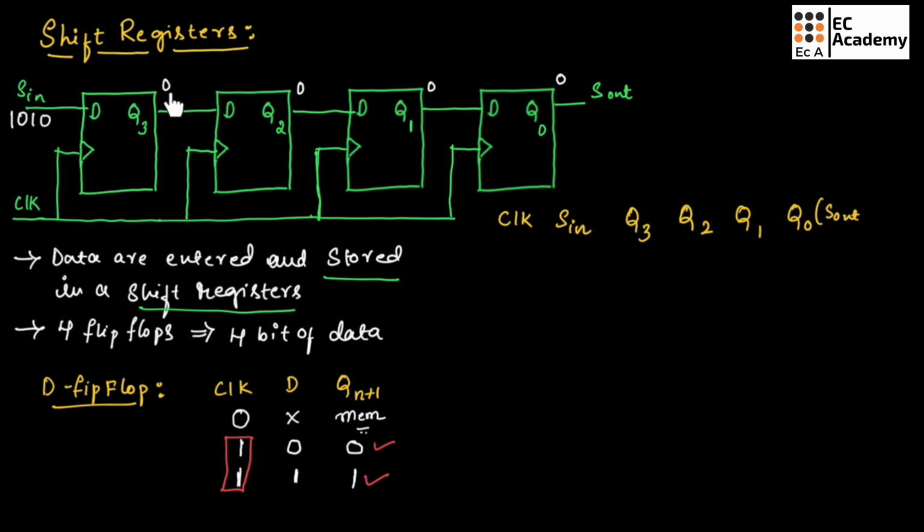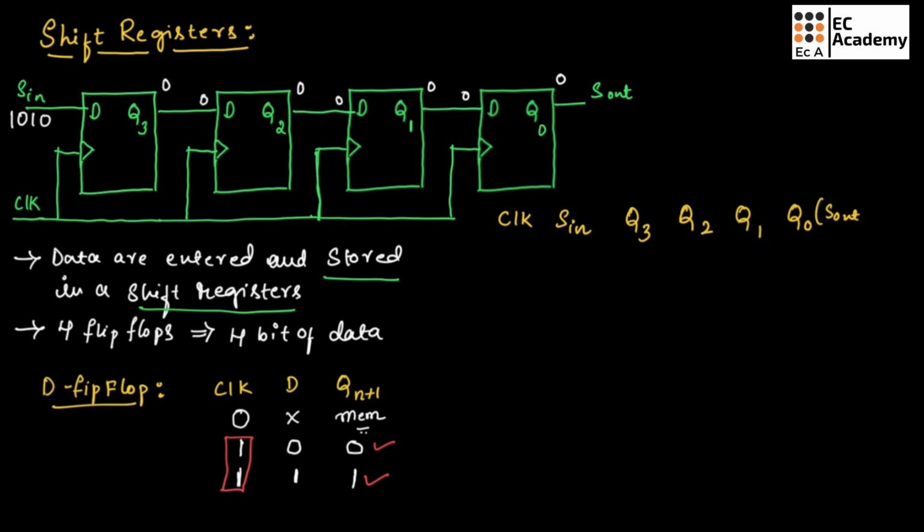Let us write that before applying the first clock pulse. For the second flip-flop, this will be the input. For the third flip-flop, 0 will be the input, and for the fourth flip-flop, 0 will be the input.